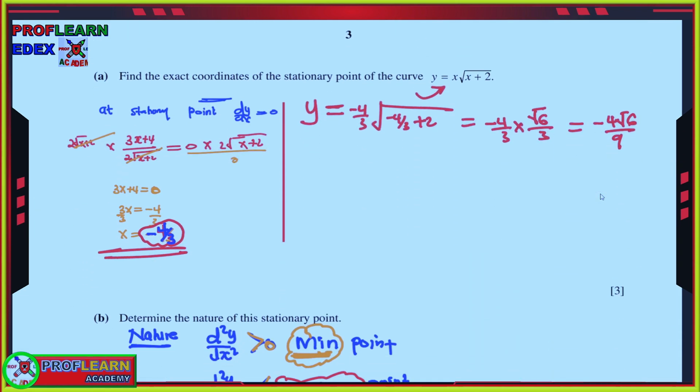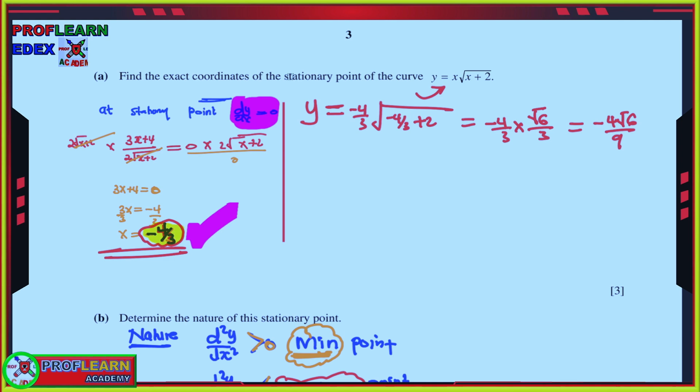So we are told to find the exact coordinates of the stationary point. At the stationary point, what do we know? dy/dx is equal to 0. So that's what I was supposed to do, and that's what I did, and I got my dy/dx equal to 0. Then I multiplied the denominator on both sides so that my value of x translated to be -4/3.